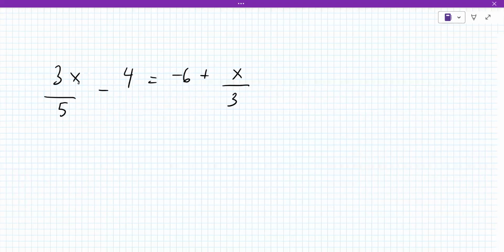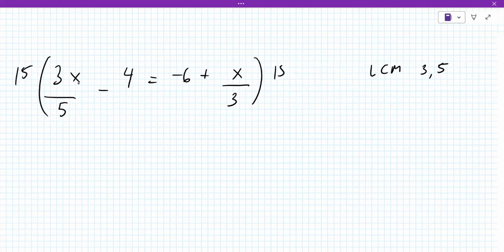And it's not just the larger number on the bottom, it's what's called the least common multiple between 3 and 5. The least common multiple would be 15. Yes. Okay, so you have to multiply everything by 15, both sides. Could you tell me the next line fully simplified, with no fractions basically, on the next line, please?